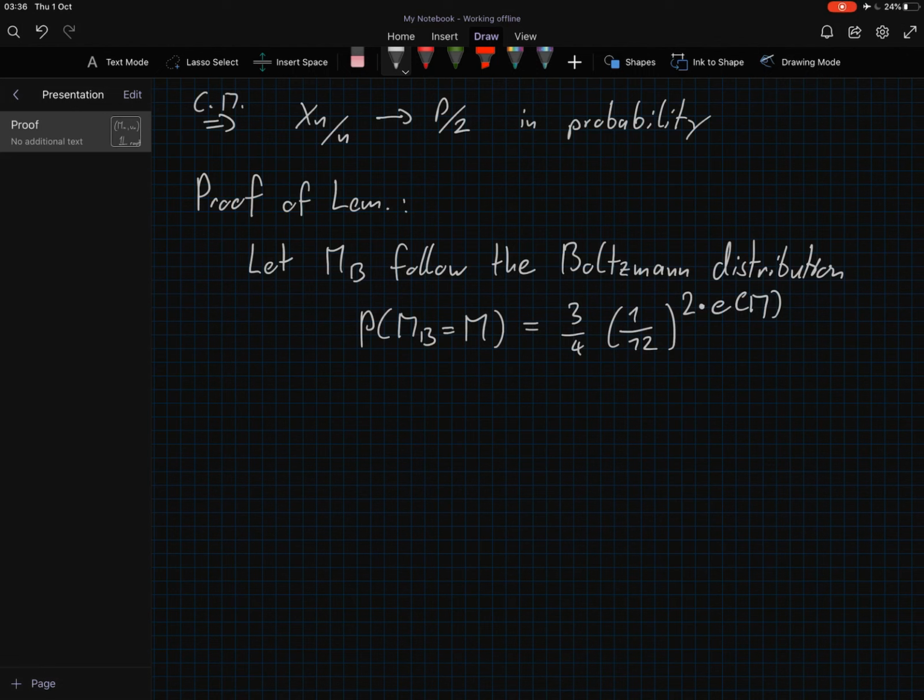Here E of M denotes the number of edges of a finite planar map. Okay, the main idea of the lemma is that there is a random map M infinity star with the property that its root is not a cut vertex.